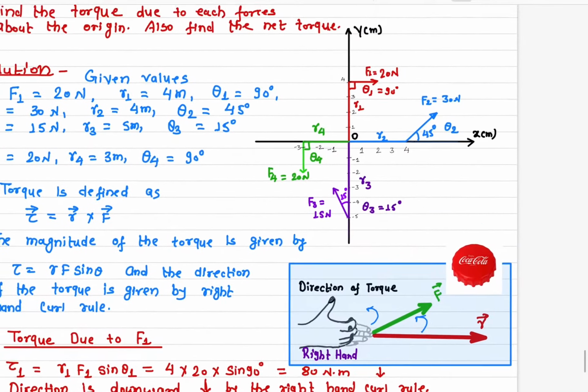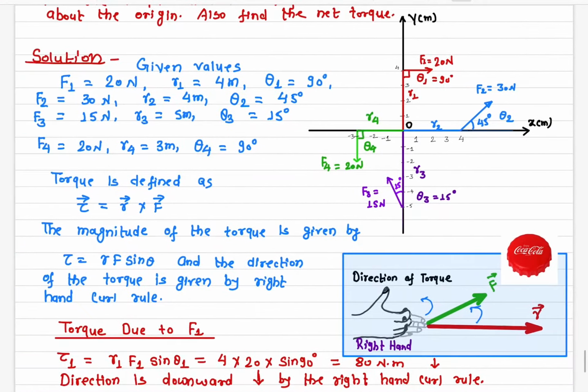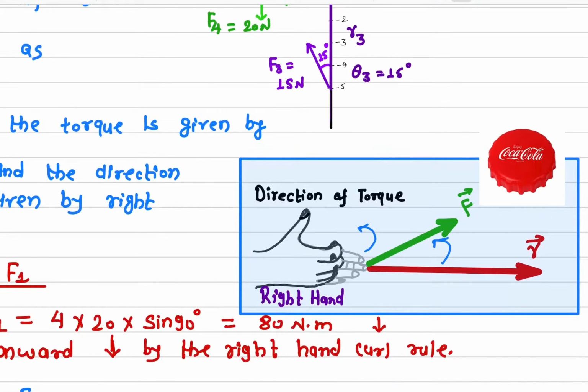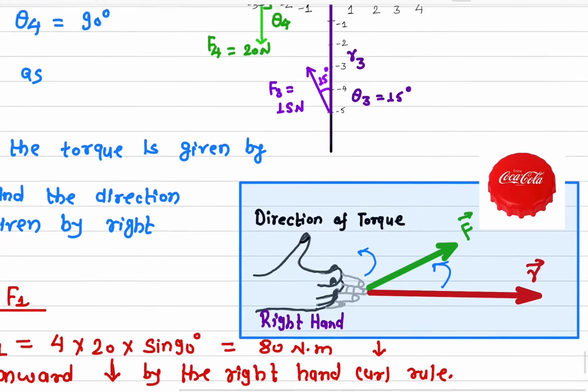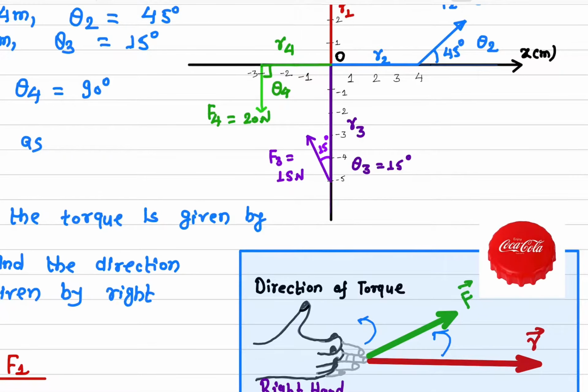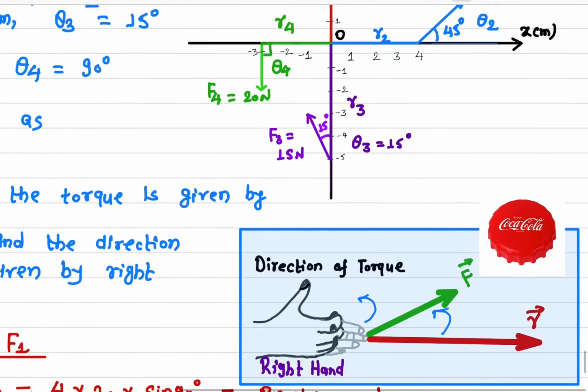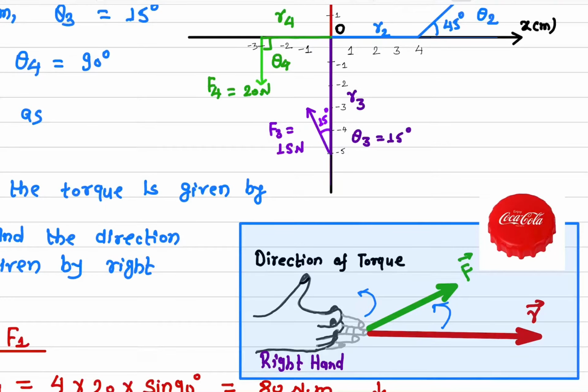How do we find the direction? In order to find the direction, we can use the right hand rule, which is shown here. Use your right hand, align your palm in the direction of the position vector, and curl your fingers in such a way that they go from the R vector to the F vector.